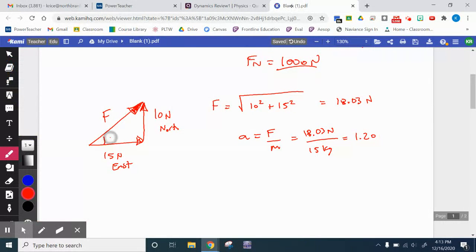We're looking at this angle, and of course that angle would be equal to the inverse tangent of the opposite over adjacent. So the inverse tangent of 10 over 15 would be that angle. And I get, let's see, inverse tangent, 10 divided by 13, 37.6.